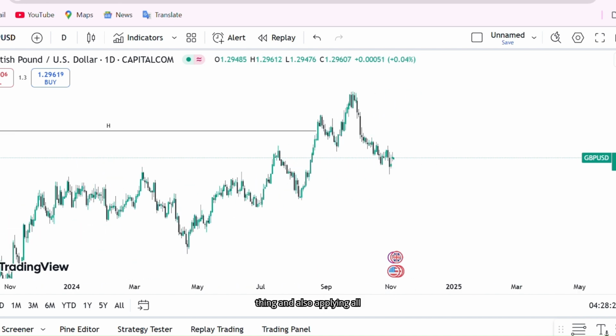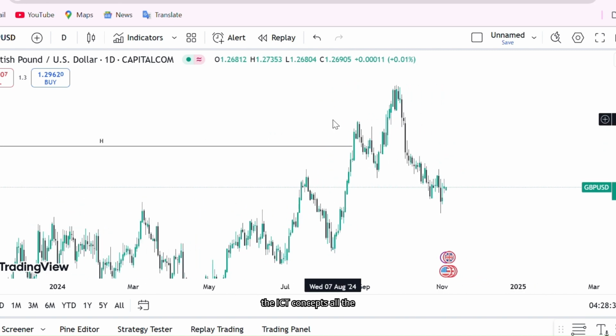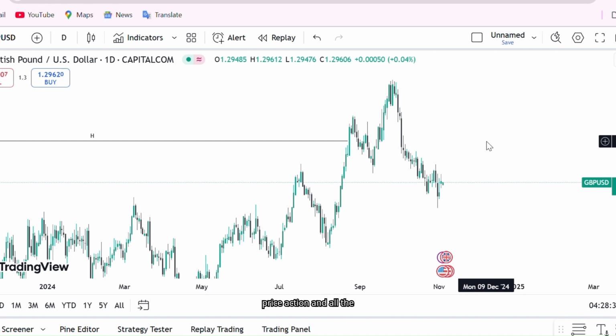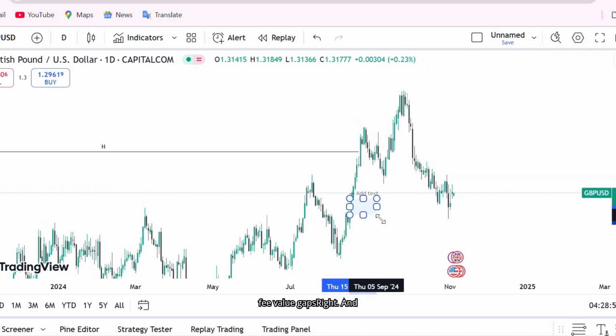So if you look into this thing and also apply all the ICT concepts and all the price action concepts, right? On a daily time frame, you can see here that we have these small fair value gaps, right?